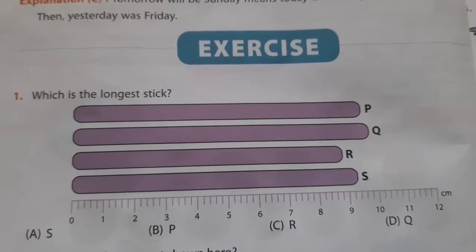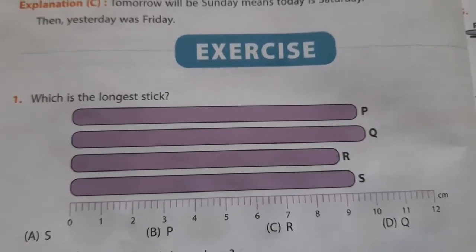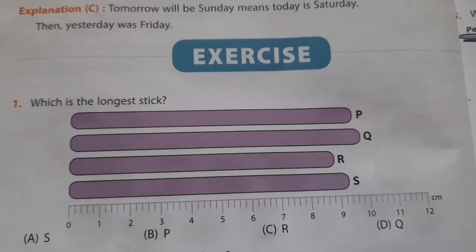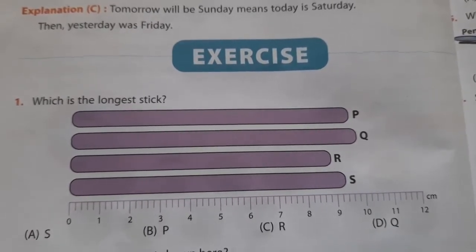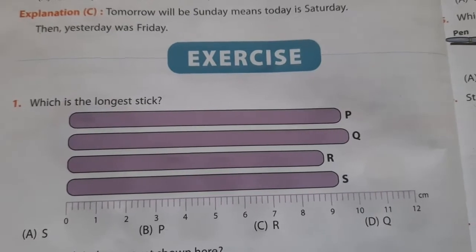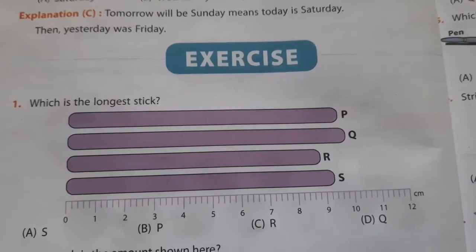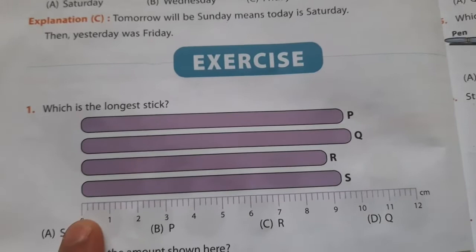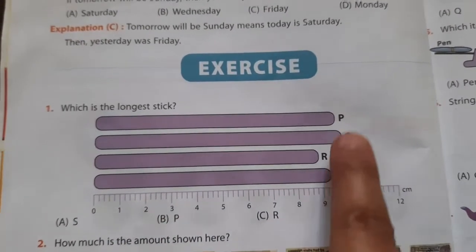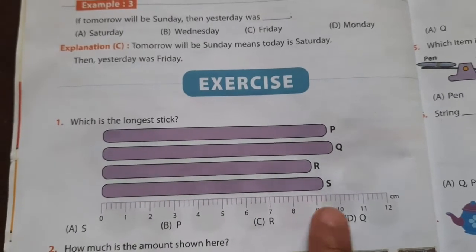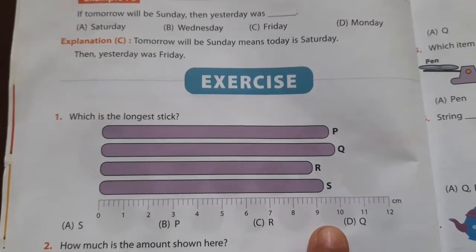Question number 1. Which is the longest stick? So as you can see, there are 4 sticks given: P, Q, R and S. If you notice, all 4 of them are starting from 0. Right? So we have to now see what are the lengths of all of them. So let's find out the length for them.